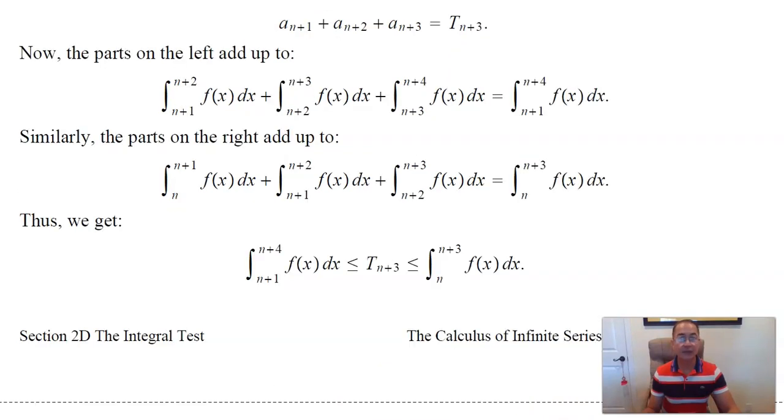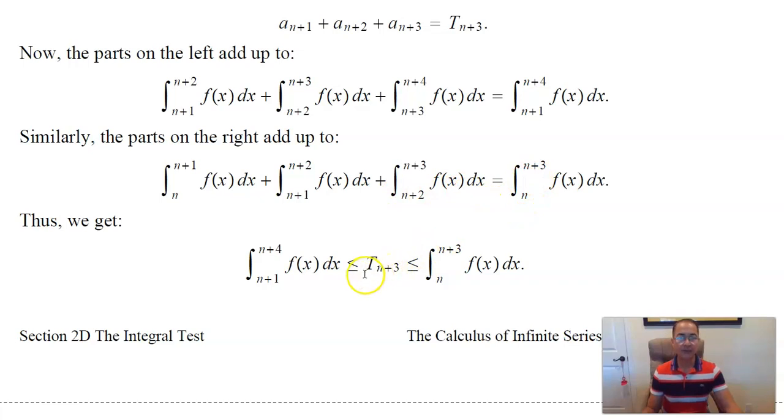Okay, so we're going to add the three terms, a_{n+1}, a_{n+2}, a_{n+3}, just to give you the idea of what's going on. All right, so we said if we add the three integrals on the left, it's the same as integrating from n+1 all the way up to n+4. The three integrals on the right are the same as integrating from n to n+3.